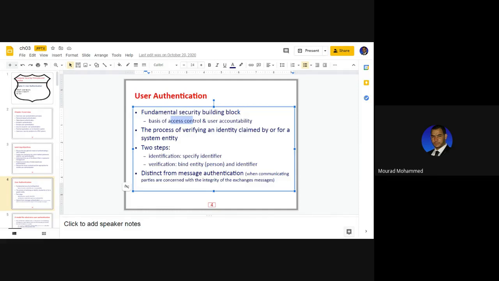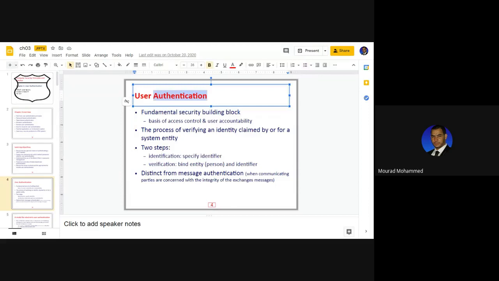As in the example now, you present your username or your ID number to the EduWave, to specify your identifier, and to verify that your ID is correct, you give your password. There is a scenario here that verifies that. Those two steps are the authentication mechanism.